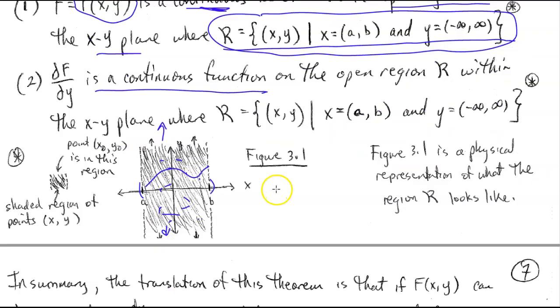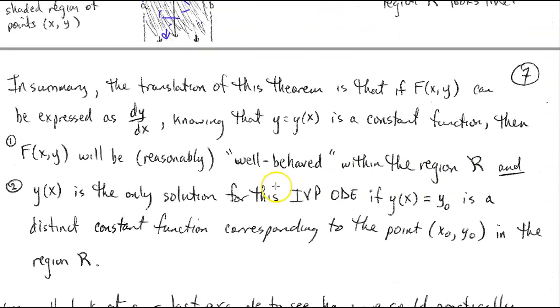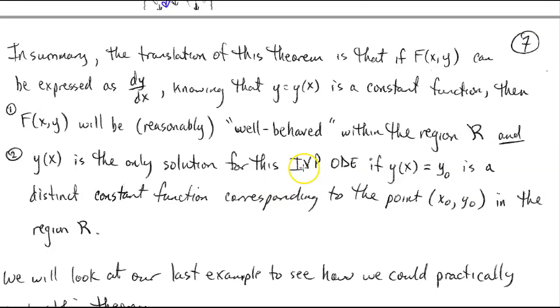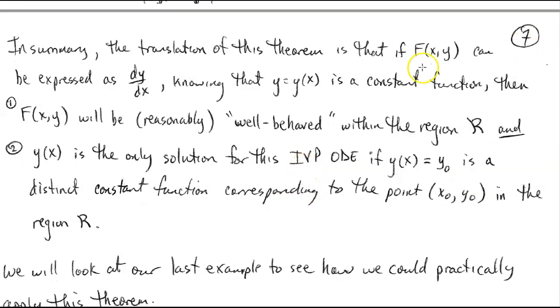Now, why is this important? Well, in summary, the translation of this theorem is that if I know that this particular two variable function can be expressed as a derivative of y with respect to x, knowing that y at x is a constant function, then I know that, one, this particular function will be reasonably well behaved within that strip.